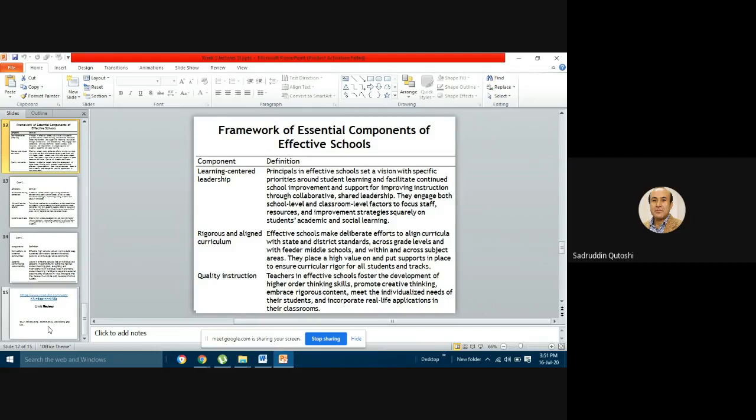So this is yet another important dimension, important component of the effective school systems.